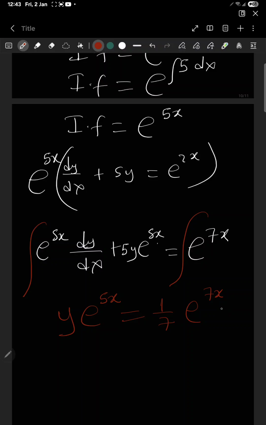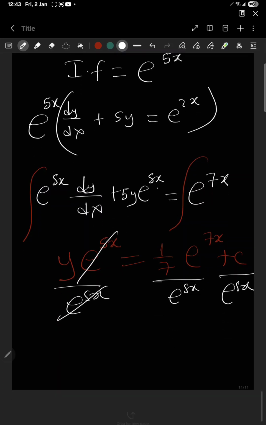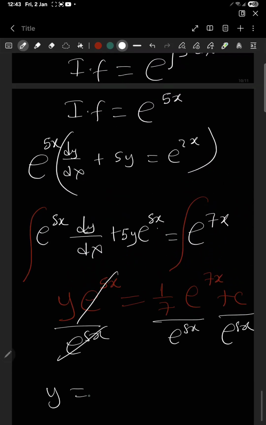Then plus c. So from here, make y the subject by dividing throughout by e to power 5x, also by e to power 5x, also by e to power 5x. That means this and that will go, and our y will be equal to, here we are dividing these of the same bases, so we are going to subtract the powers, which are 7x minus 5x is 2x.